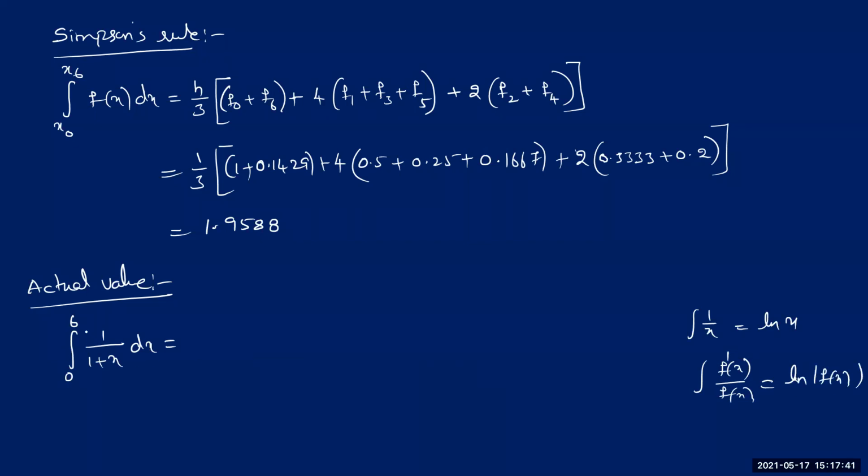See, exactly the same here. If you just assume 1 plus x as f of x, its derivative is there in the numerator. So if you use this idea, when we integrate this, we'll get log of 1 plus x, and the limits here are from 0 to 6. Then if you substitute the limits, we'll get them like this.